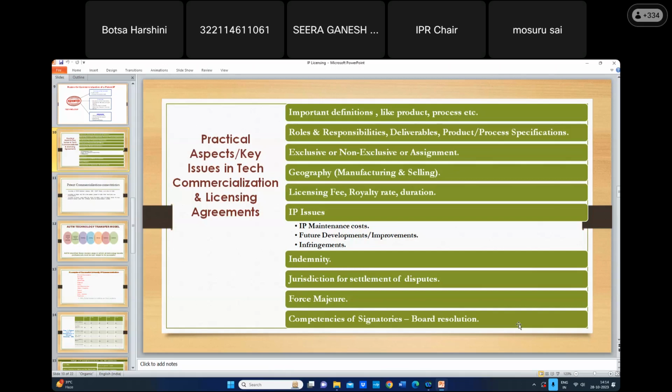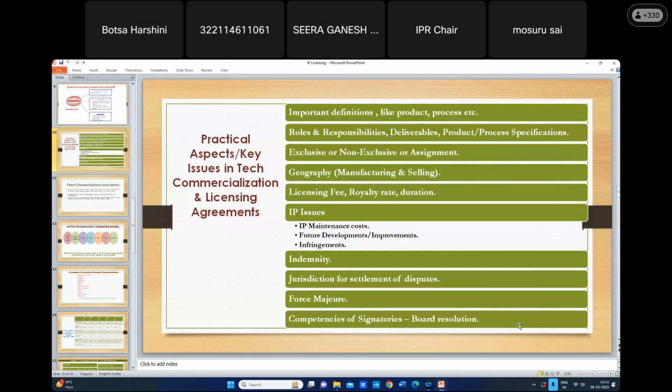So once you license this technology to the other party, the question comes, who is going to bear those maintenance costs? If it is going to cost you, obviously you have to get that money from your licensee. Licensee means the person who is taking the license from you. So all these things have to be defined, otherwise it becomes a bone of contention subsequently.